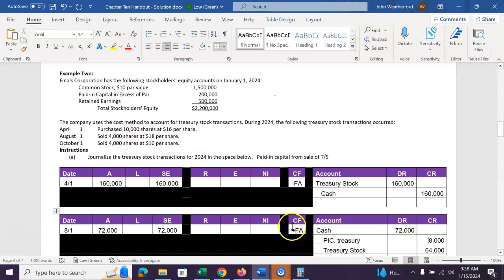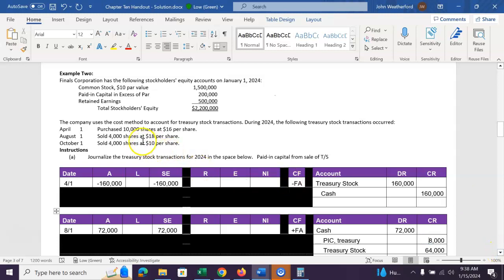Now that's going to be cash coming in from a financing activity. Assets increased 72,000, and stockholders' equity, when treasury stock is sold back to the investing public, also increases by the 64,000 and by the 8 since it was sold for more than it was purchased for.